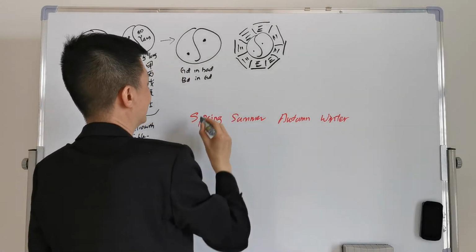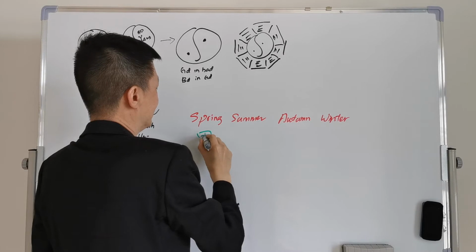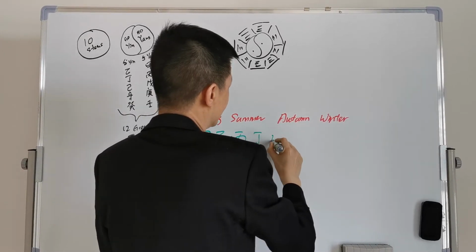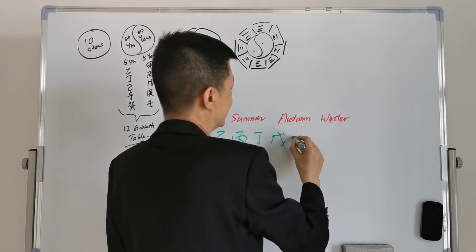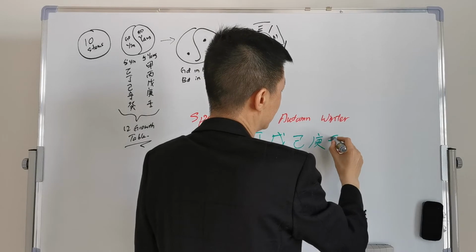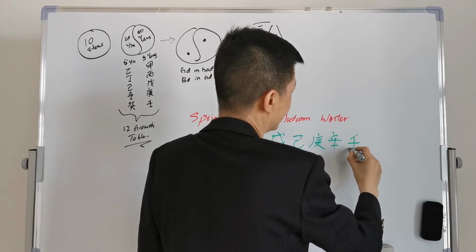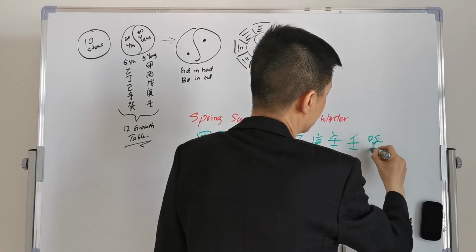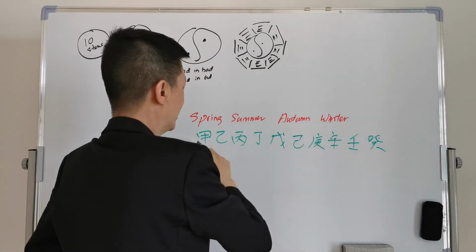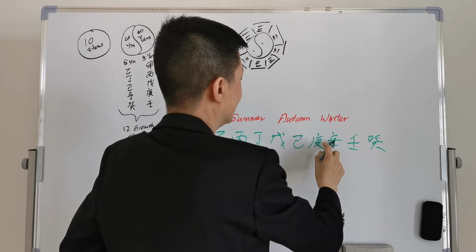Very easy. You see, we have the 10 stems. We put 甲乙丙丁戊己庚辛壬癸. Okay, this is one yin, one yang. They are numbered 1, 2, 3, 4, 5, 6, 7, 8, 9, 10.